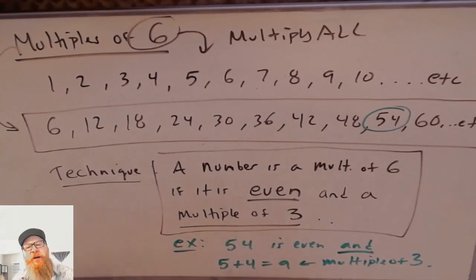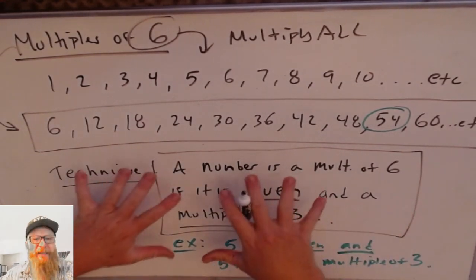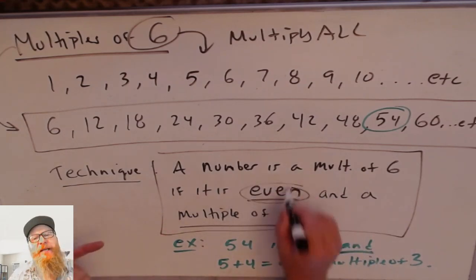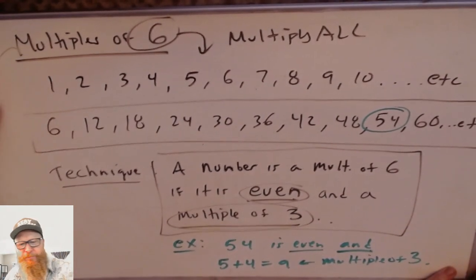So 54 is both even, and if you add the digits, you get a multiple of 3. All right. We'll come back to this one later in the lecture. I really just want you to memorize what it means to be even and what it means to be a multiple of 3. If you memorize those two, you get it for free.